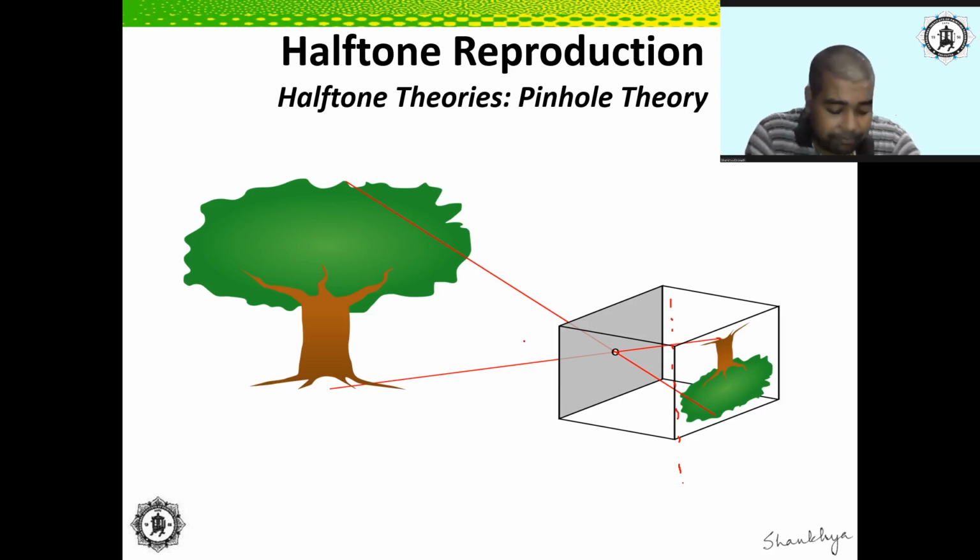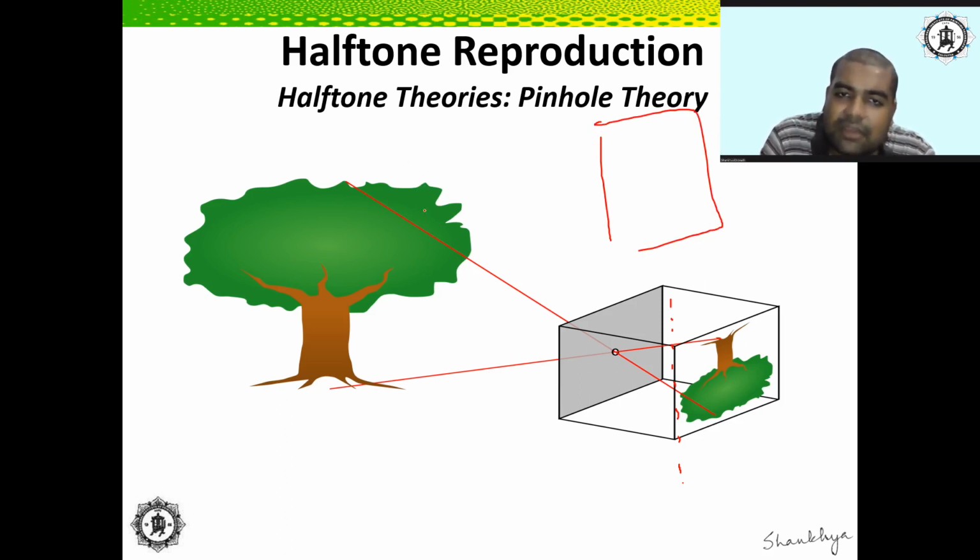Now, when you place a halftone screen in between the film and the pinhole, or the lens aperture, what is the nature of the image? You get an image which is broken down into halftone dots, right? Like this, like this. These are the halftone dots.